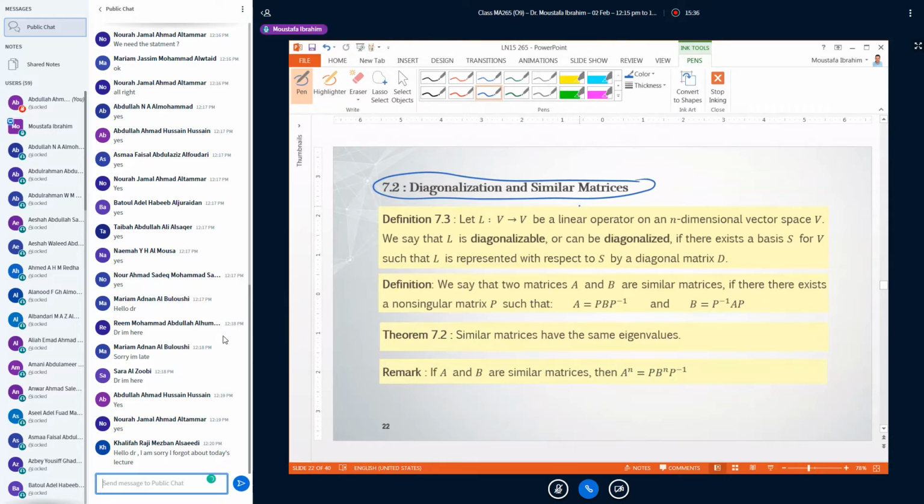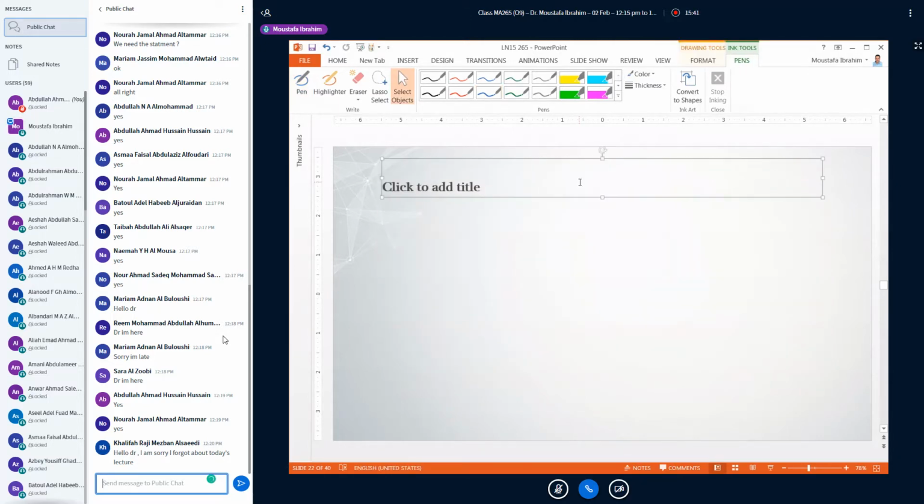Here we are going to talk about similar matrices, so I prefer to erase everything and explain step by step.